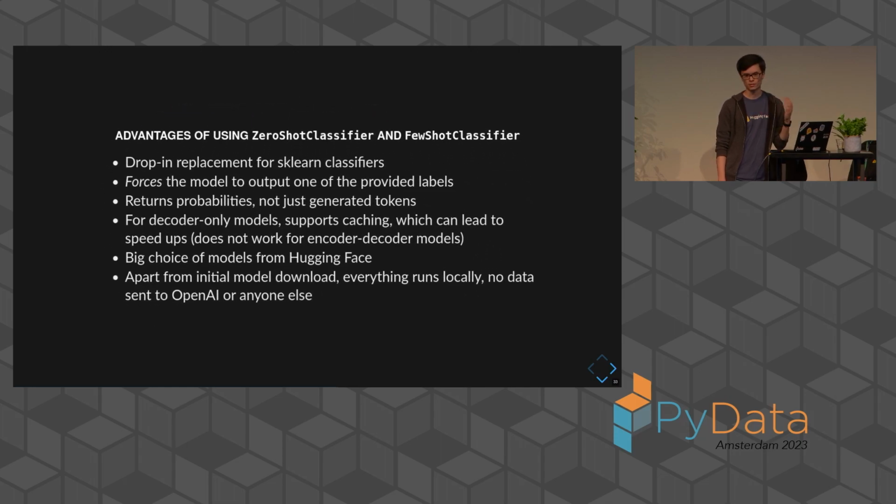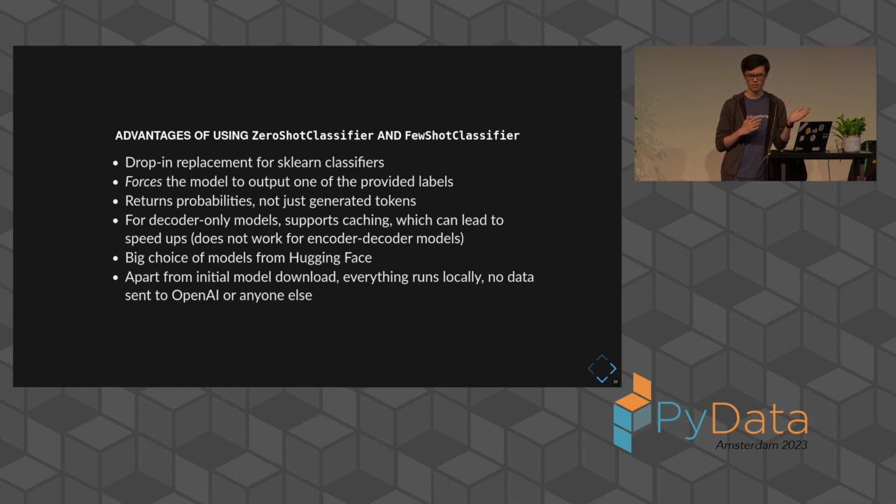So maybe you're asking yourself why you should be using that. So first of all, again, it's a scikit-learn classifier, so you can just swap it out, see if it works for you or if it doesn't. And one nice thing is that it forces the model to output the labels that you gave it. So as you know, LLMs can steer off on the wrong path and predict something very unexpected sometimes. So there's no danger of this happening here. And as I already mentioned, you get probabilities, which is also not something that you usually get.